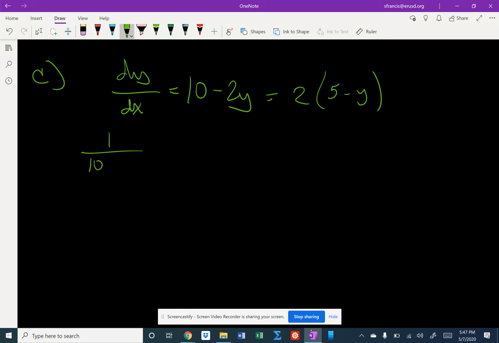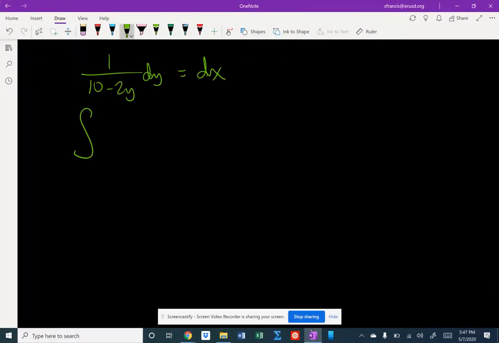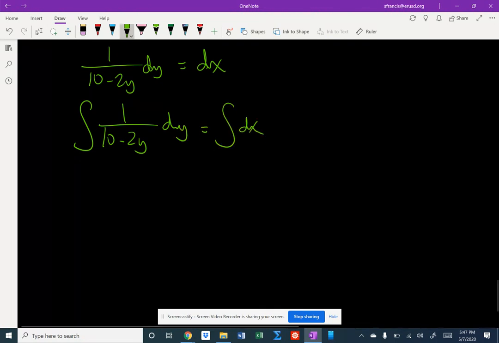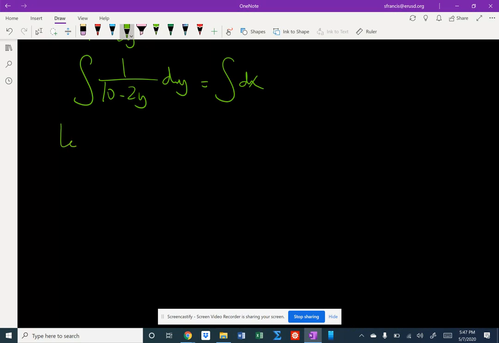So this is 1 over 10 minus 2y dy is going to be equal to dx. That's our separation step. And then our integral step. And then over here, you might want to do a little mental u substitution or actual physical u substitution, writing it out.